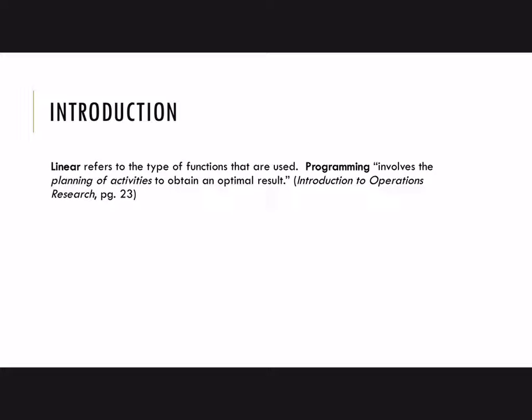We're not dealing with anything more complicated than lines in solving these types of problems. Programming doesn't really have anything to do with computer programming. We're using the meaning of the word, which involves the planning of activities to obtain an optimal result. So programming as in planning things.